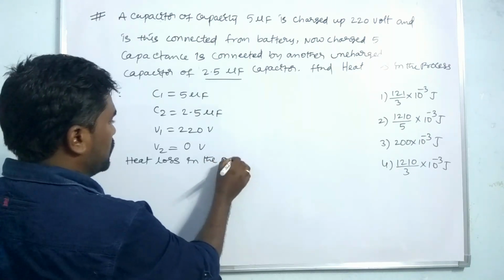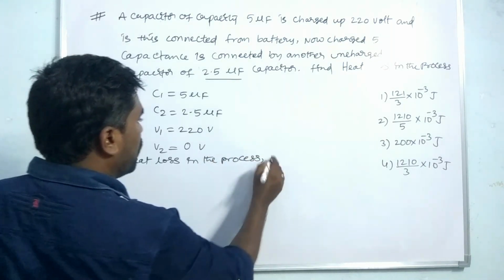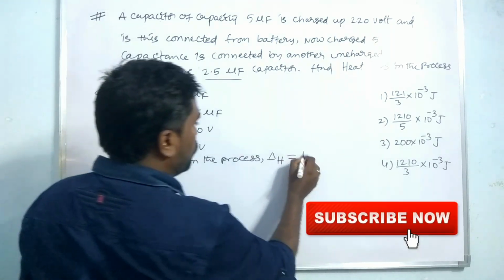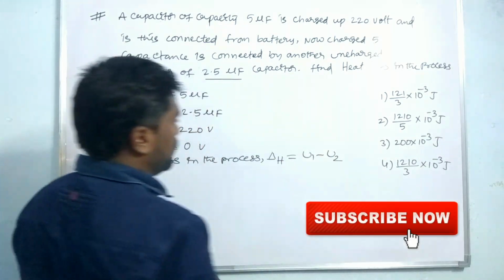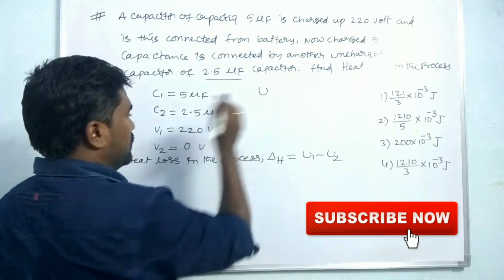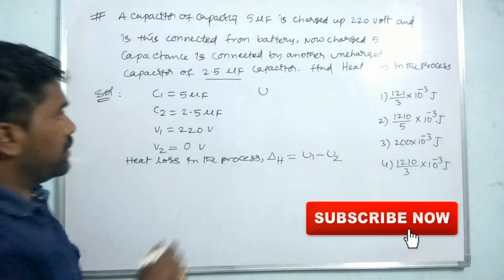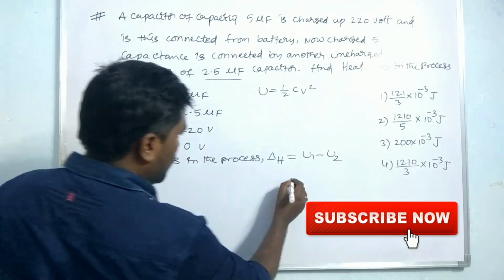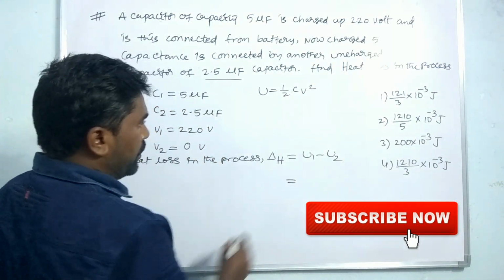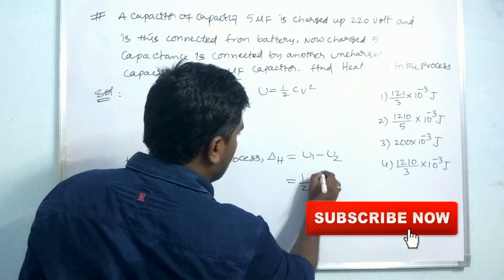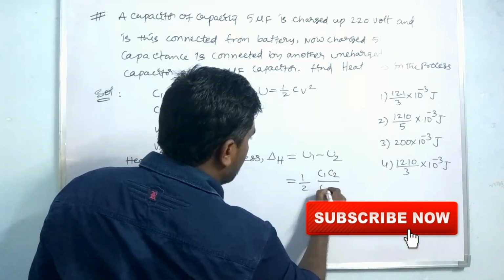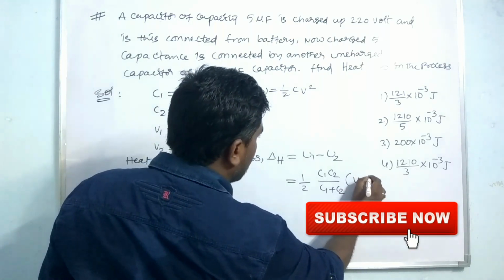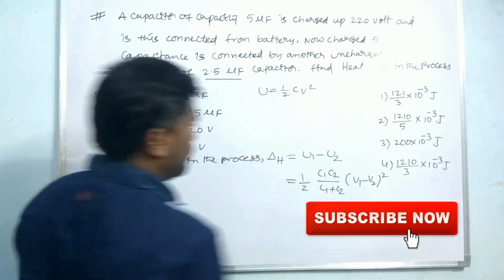So the heat loss delta H is equal to U1 minus U2. Generally the energy stored in a capacitor U is equal to 1 by 2 CV square. Here we have to write 1 by 2 into C1 C2 by C1 plus C2 into V1 minus V2 whole square. This is the formula.